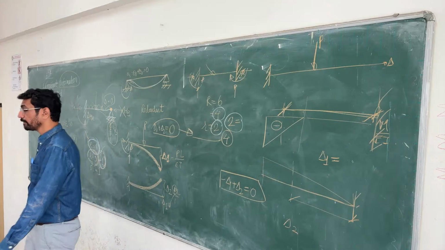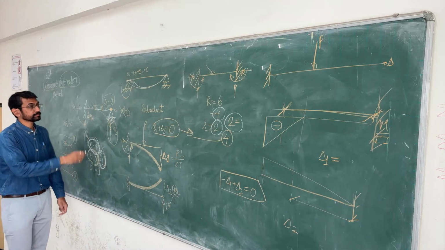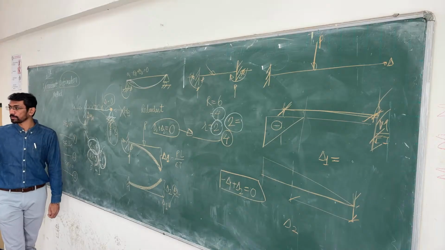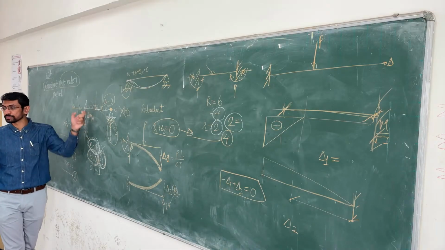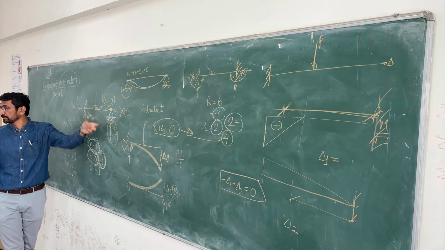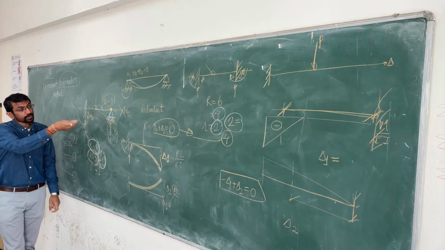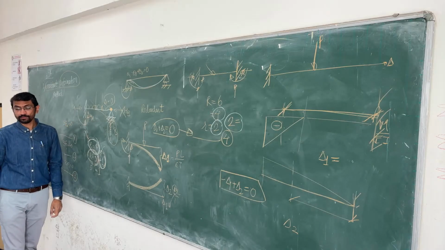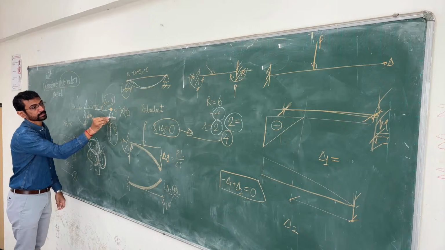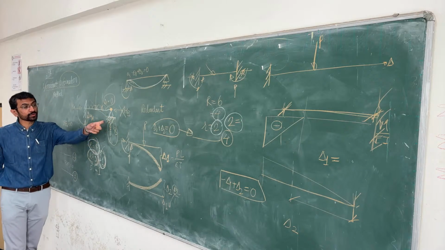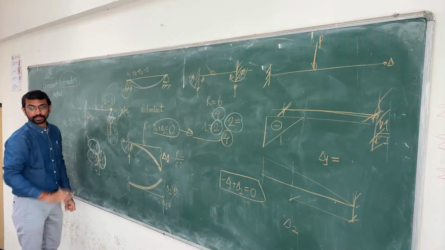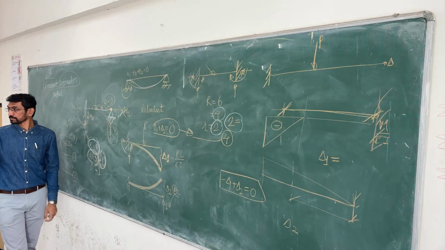So what we will do in the next class is solve this problem with some values, L values, load values, everything. Then we'll solve another problem of a propped cantilever in which this is not a roller, and you have 2 redundants.